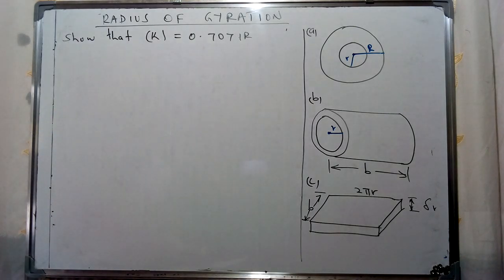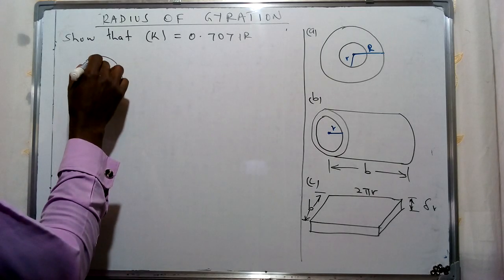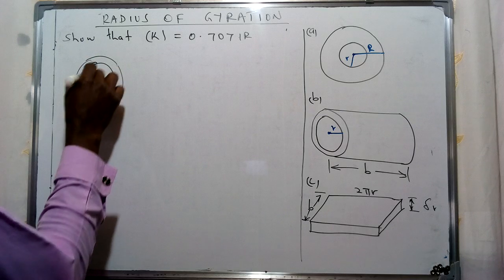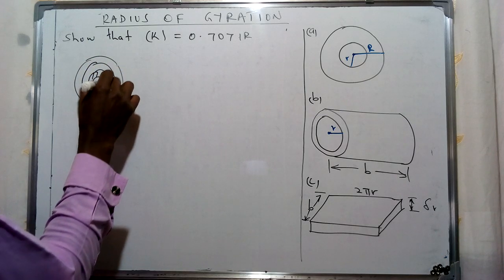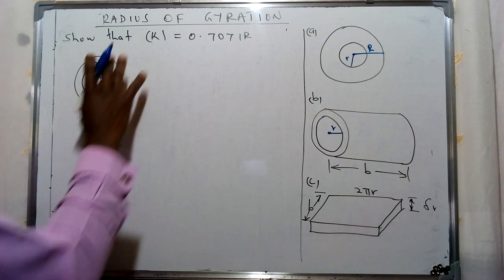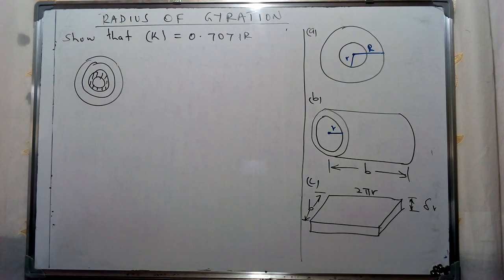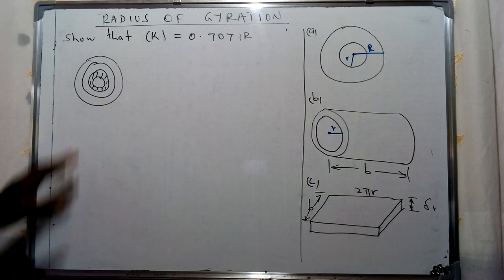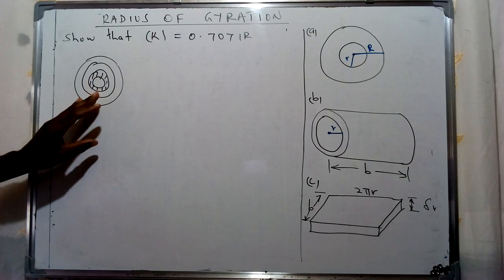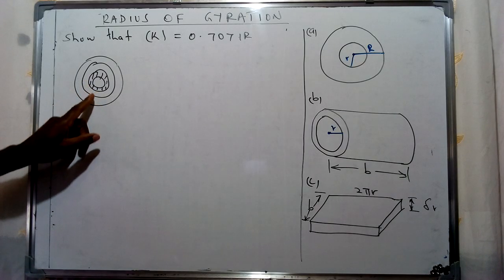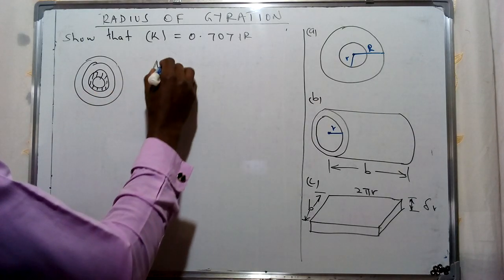So we're going to look at this specific plane disk, which is shown as that, and I've tried to look at it as a disk made up of a series of concentric rings, and these concentric rings consist of this specific cross-sectional area. These concentric rings consist of sections of volume, and we're going to consider the thickness of these rings to be 1 unit, which we can give in terms of delta r.